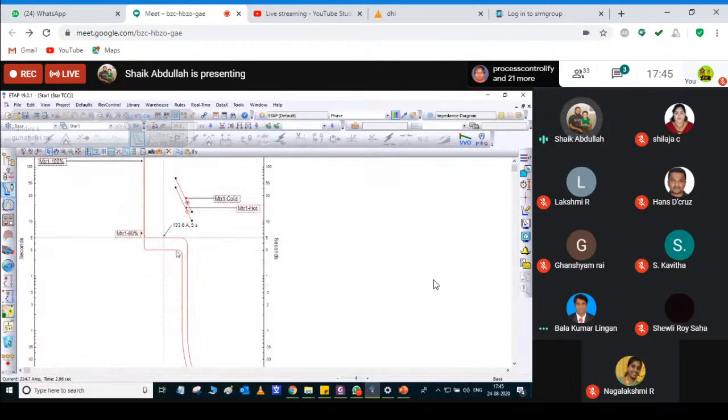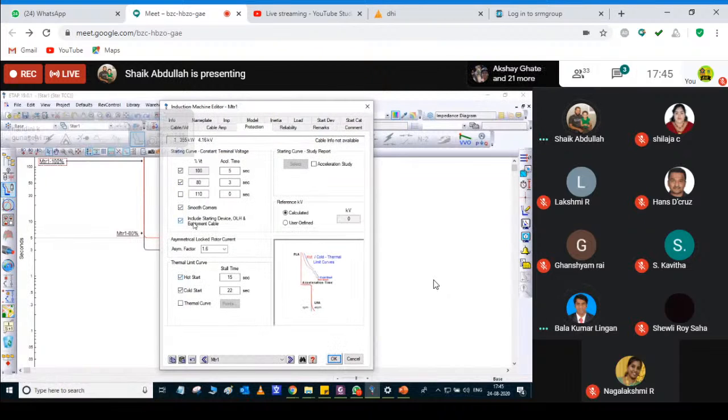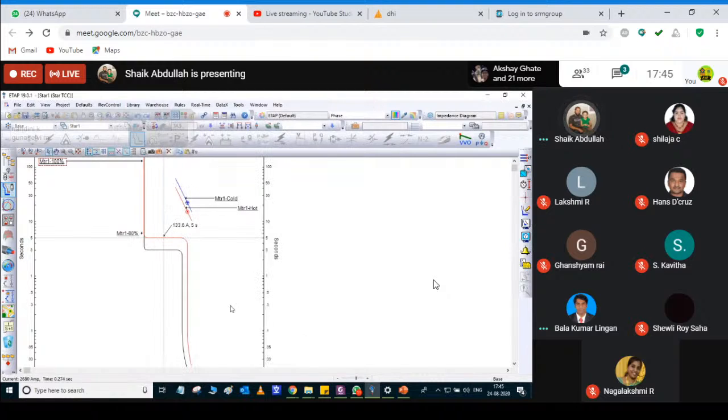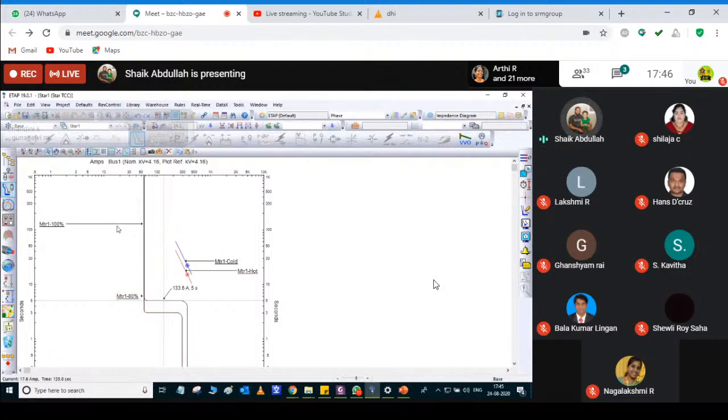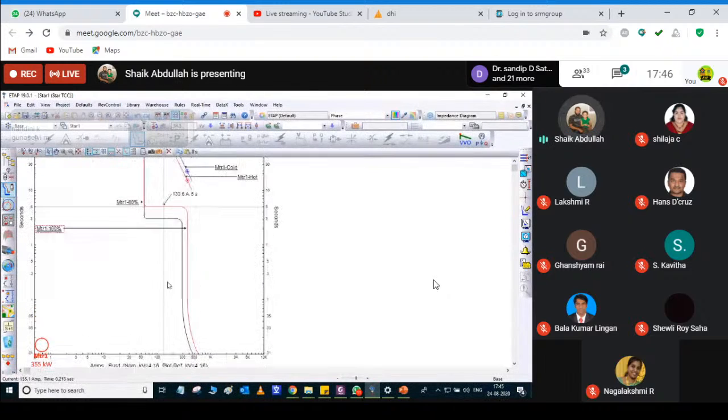Two curves will be here: this is 80% and this is 100%. So how much percentage of voltage you apply at your motor terminal, based on that your motor starting curve and relay time are different.